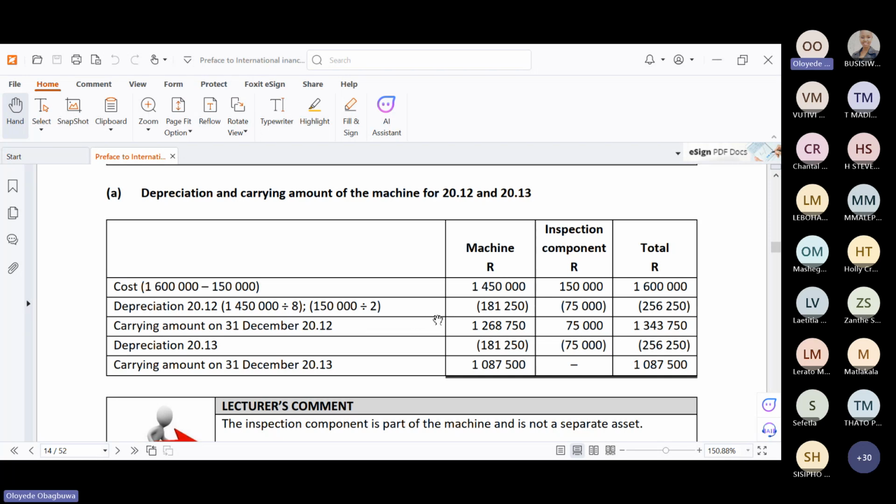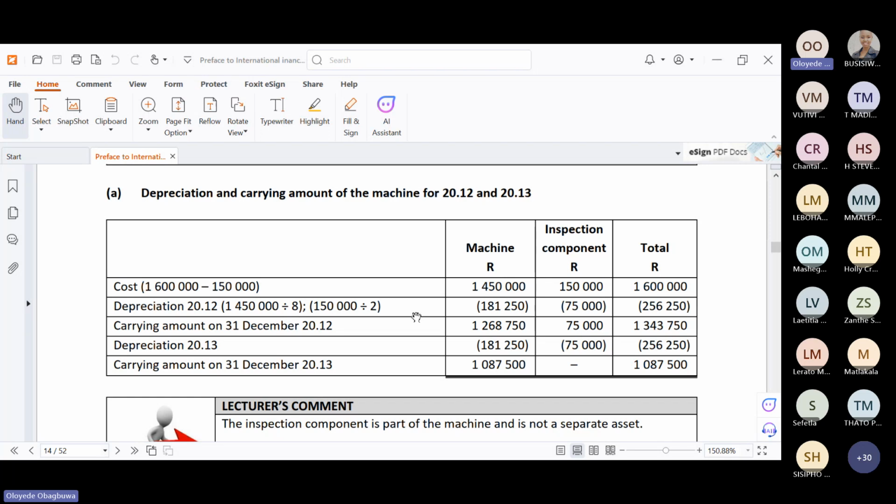You know why separating the cost really helps you now? You can see that we have two different useful lives. The formula for calculating depreciation, which I told you the other time, is the cost of the asset less residual value, if it is available, divided by the useful life of that asset.